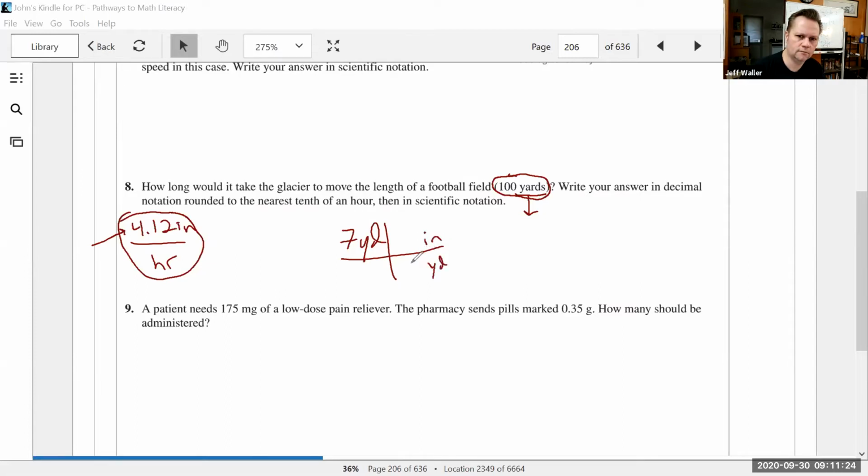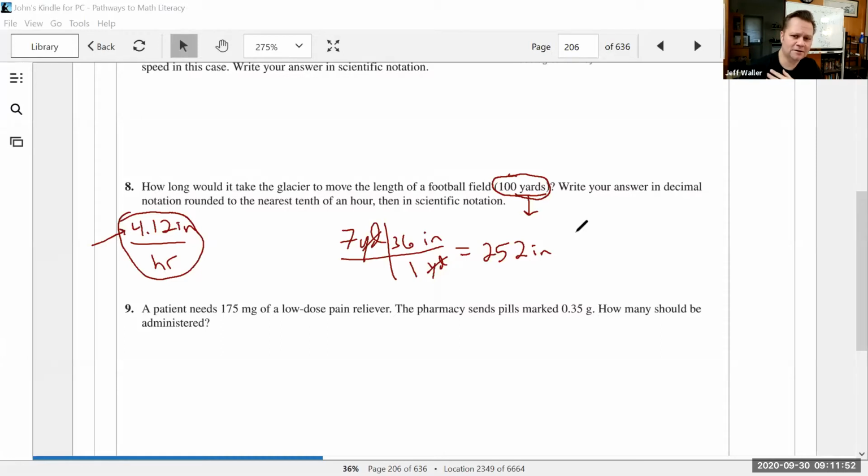What is that? 1 yard, 36 inches. I like it, right? Yard, 3 feet. Each foot is 12 inches. 3 times 12, 36. Bam. Kill the yard. So that goes away. So I believe that's 252 inches.